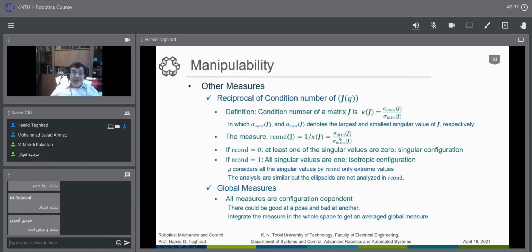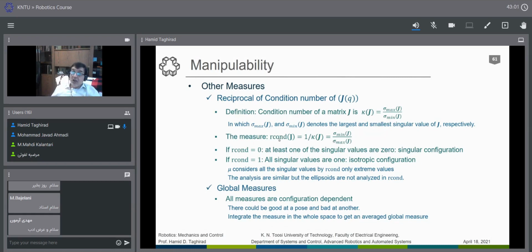Sigma min could be 0, so the limit could be equal to 0, and sigma max could be anything. And in this case, we have something non-dimensionalized, between 0 and 1, very similar to mu.